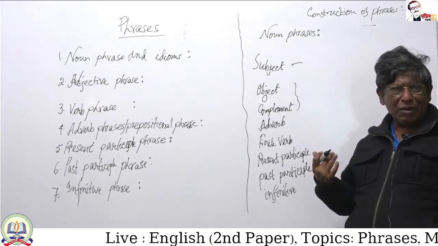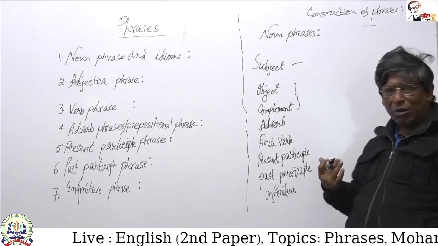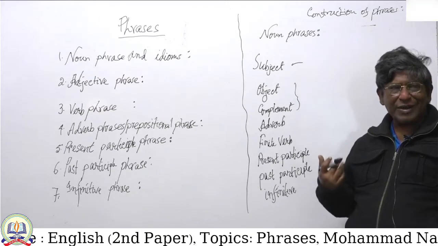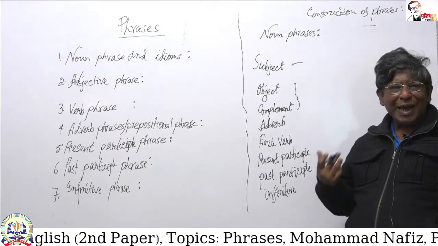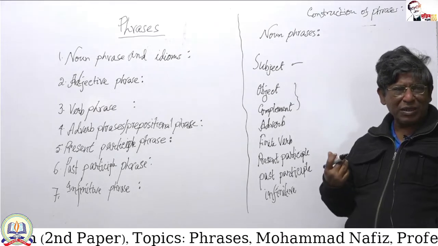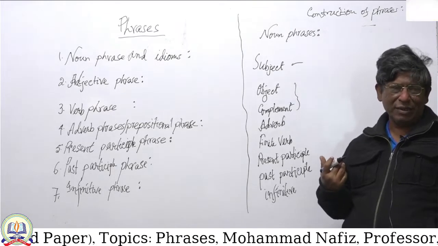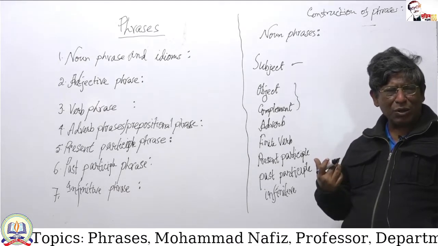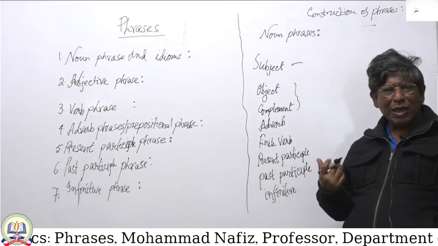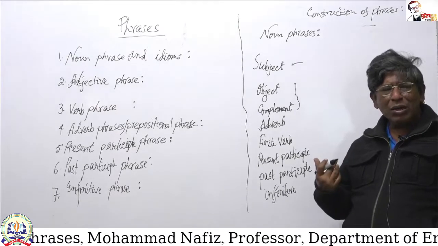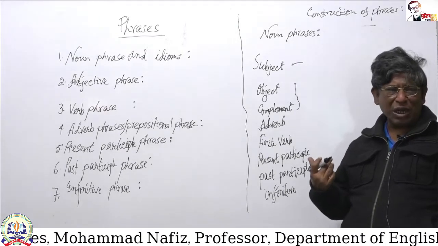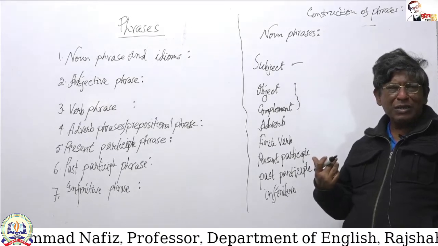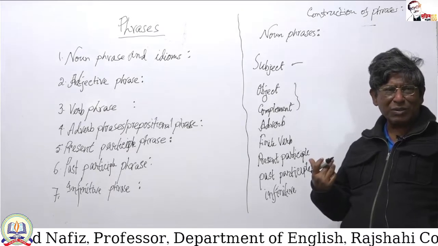Very simply, always remember that an object is a noun which can be made the subject when the sentence is made passive. But a complement, like an object, is also a noun, though this noun cannot be used as the subject of the sentence when the sentence is made passive.